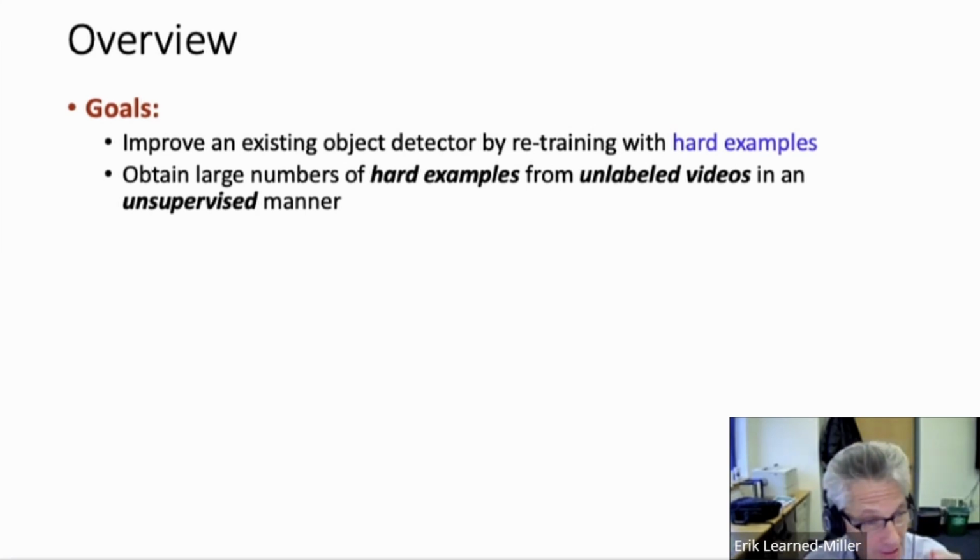We're going to obtain the hard examples automatically by using videos that nobody has ever labeled, in an unsupervised manner. The paper is about a process of taking a video, like a movie, and automatically generating a large set of hard examples, which we can then use to retrain our detector.